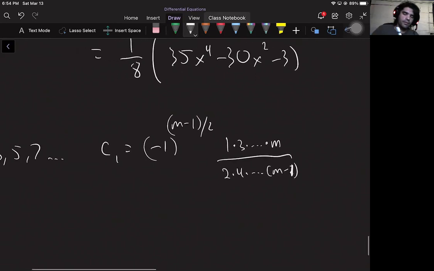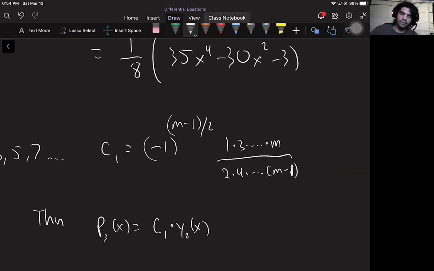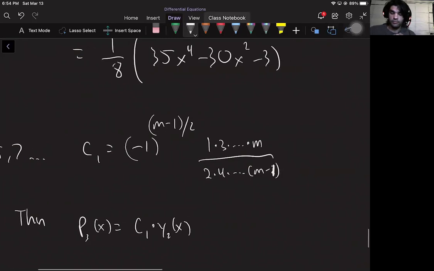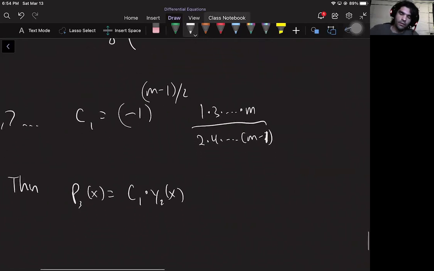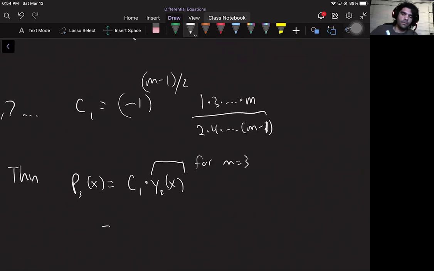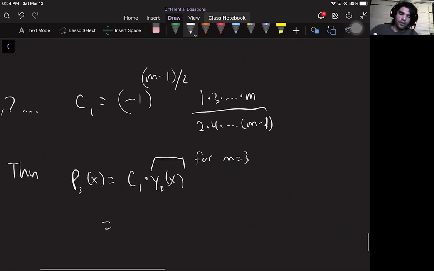So then we can get P3, for example. So it's C1 times y2 of x, the other power series, whereas this is the y2 of x for m equals 3. So m equals 3 gives me -1.